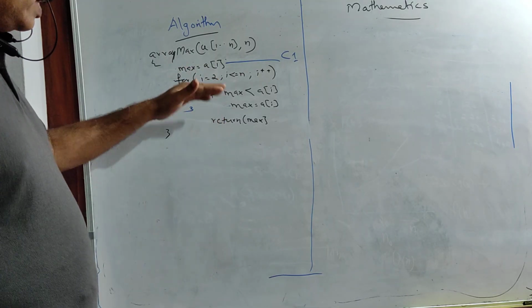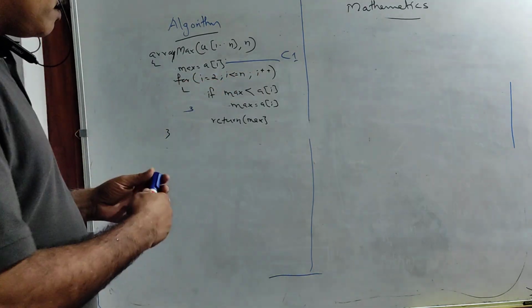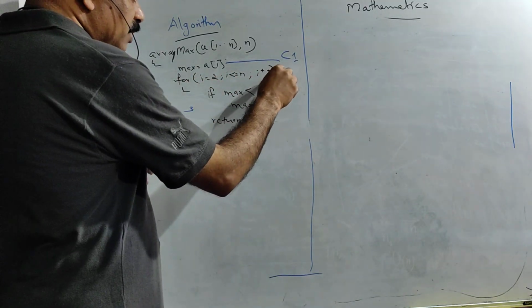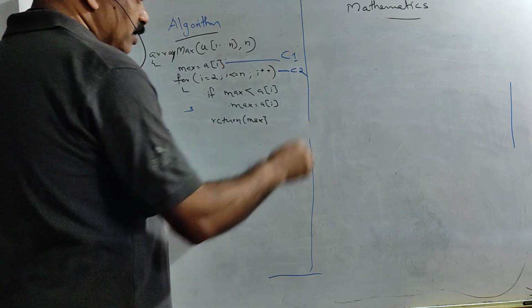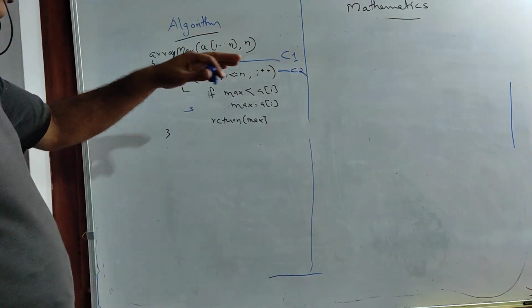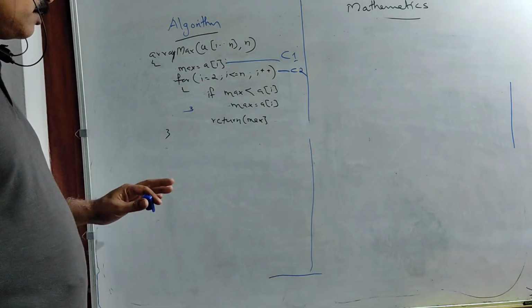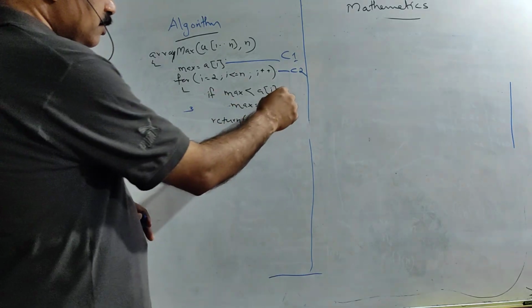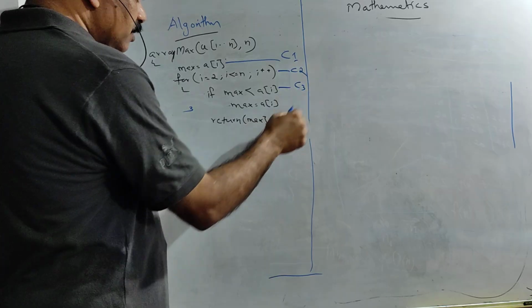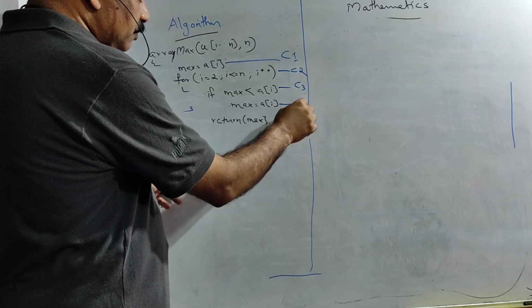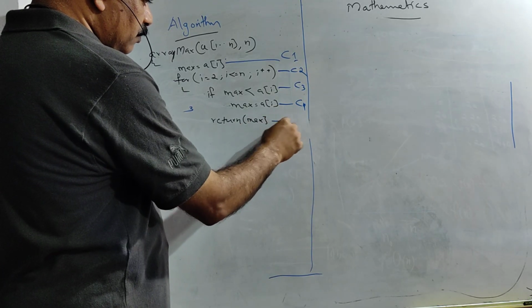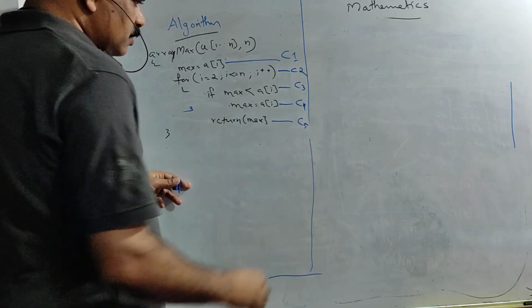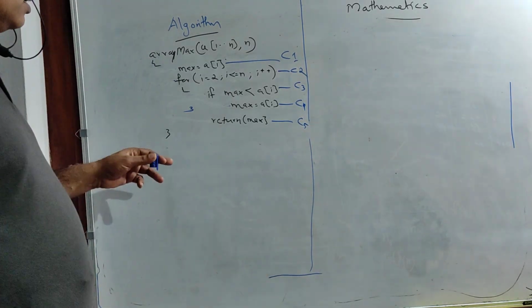Let us assume the execution of this statement one time will take some C2 nanoseconds, or the cost is C2. Okay. Then the cost for execution of this statement is C3, and the cost of execution of this is C4, and the cost of execution is C5. Okay.